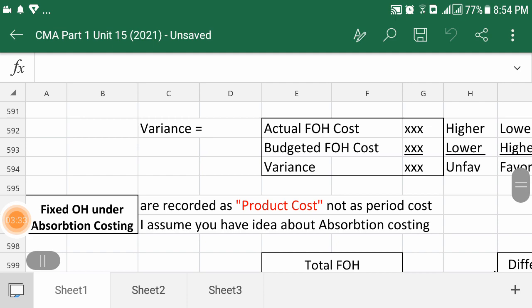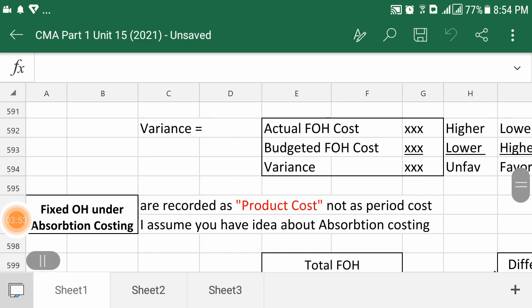Now fixed overhead under absorption costing, which we study in Unit 18. In Unit 18 we studied absorption costing and variable costing.